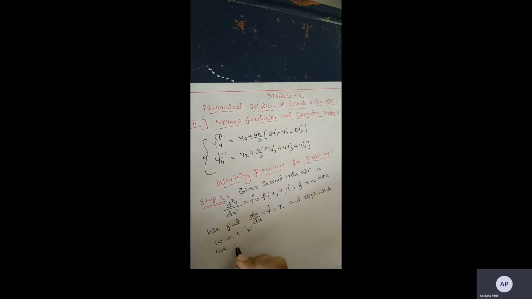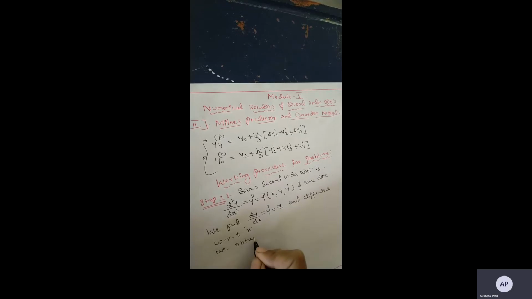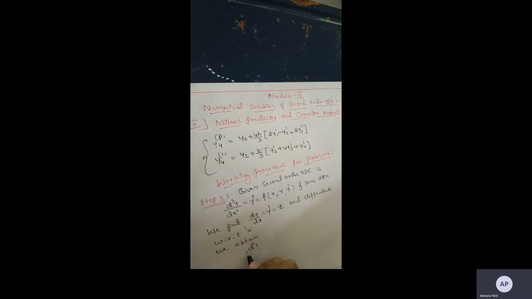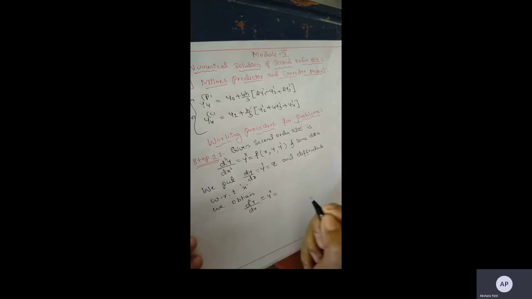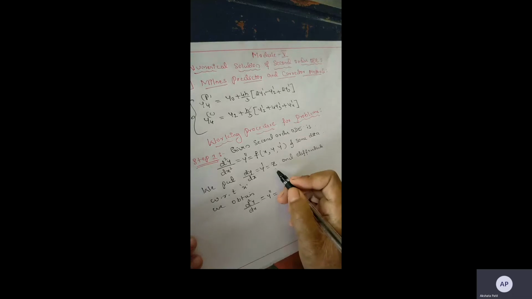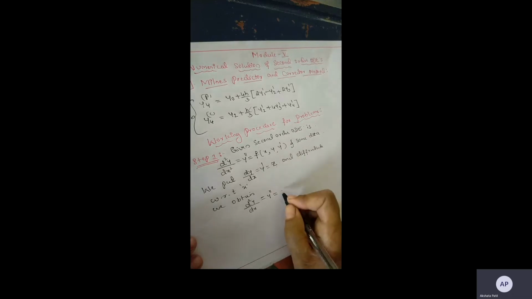So we obtain d square y divided by dx square, which is y double dash, equals dz by dx, or z dash.